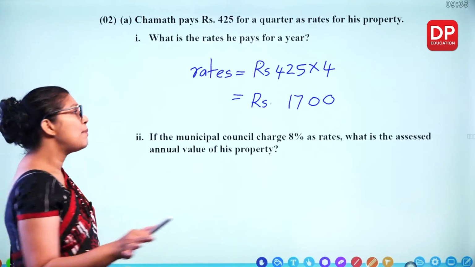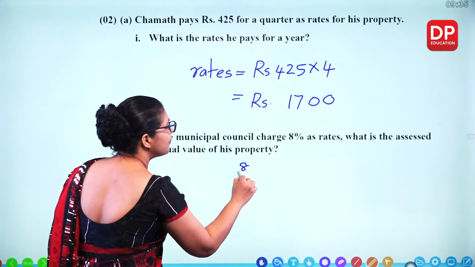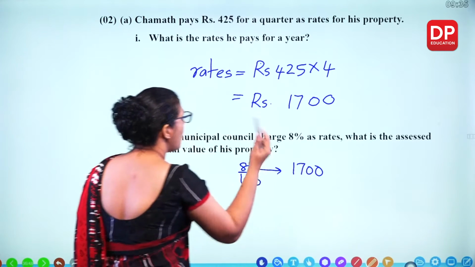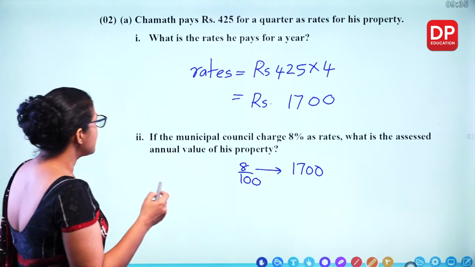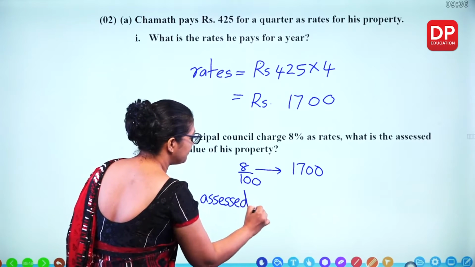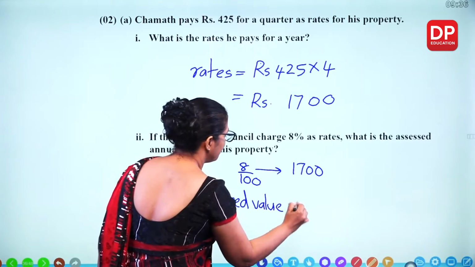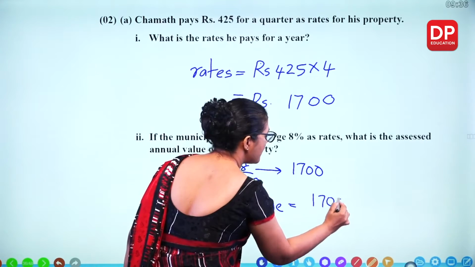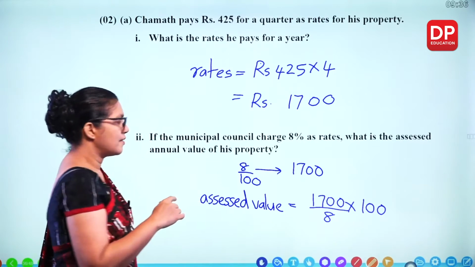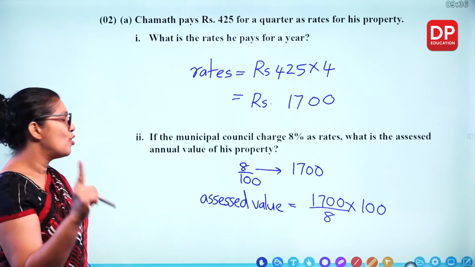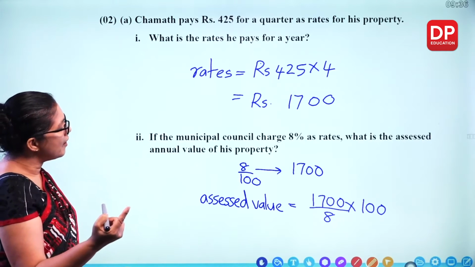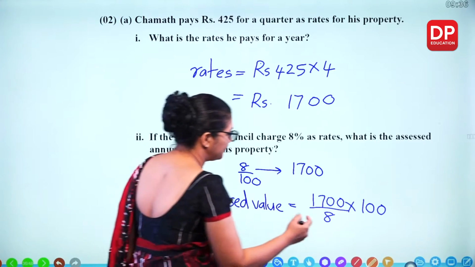So 8% means 1,700. What's the total assessed value? Assessed value is 1,700 divided by 8 and multiplied by 100. Because 8 parts is this much. So to find out 1 part, you divide by 8, and for 100 parts, you multiply by 100.